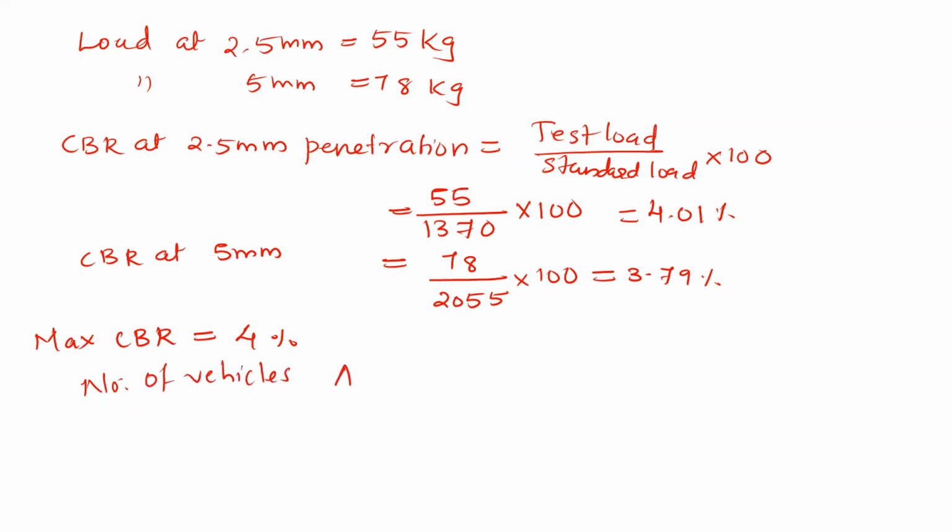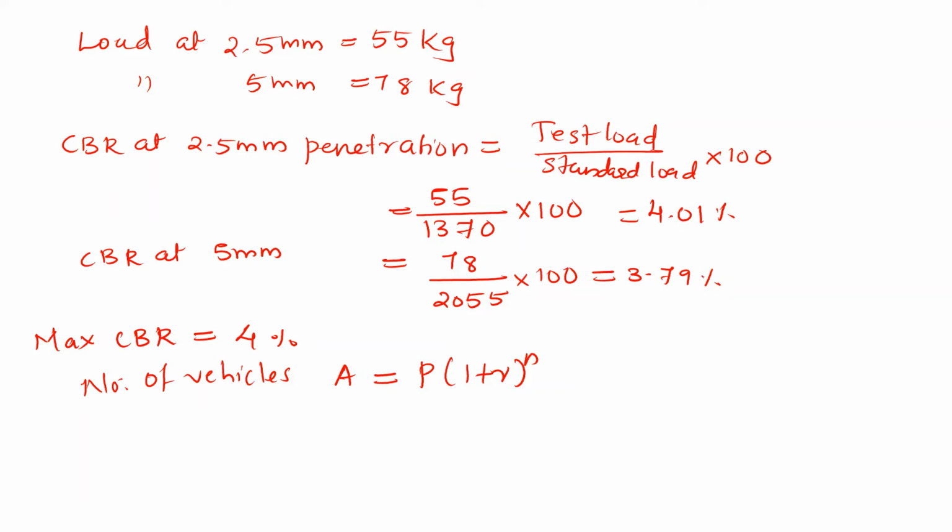The anticipated traffic A is equal to P into (1 plus R) raised to N, where P is the traffic of the last count, the last traffic count which we took on that road, R is our growth rate, and N is the completion time, that is, when we are going to complete the construction of that road.